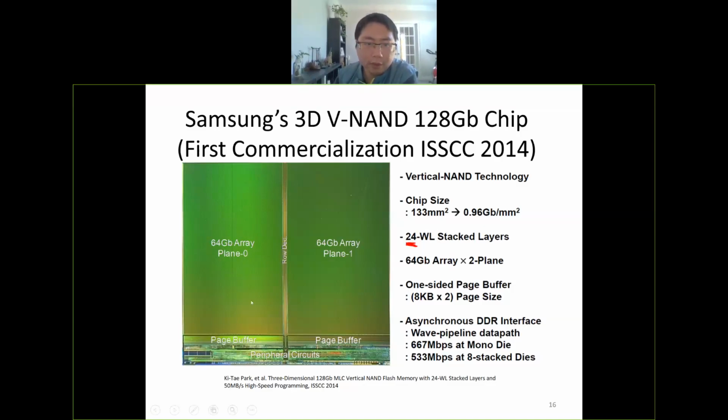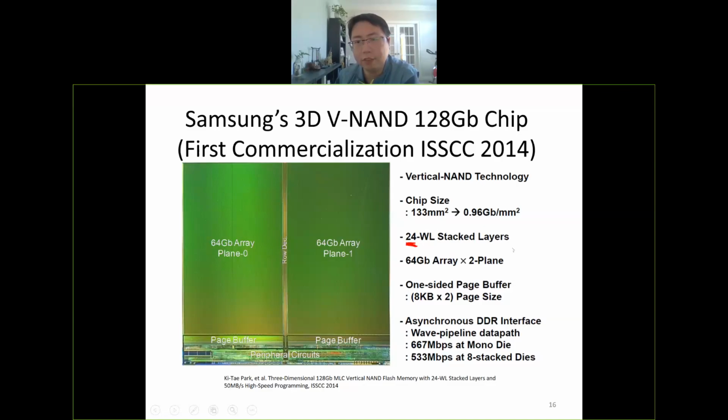So this is a chip, and you see this plane is the 3D NAND array, and the peripheral circuits: you have the row decoder and the buffer and other peripheral circuits at the edge of the array. So this is just an example of the chip. And at that time, it was only 24 layers.